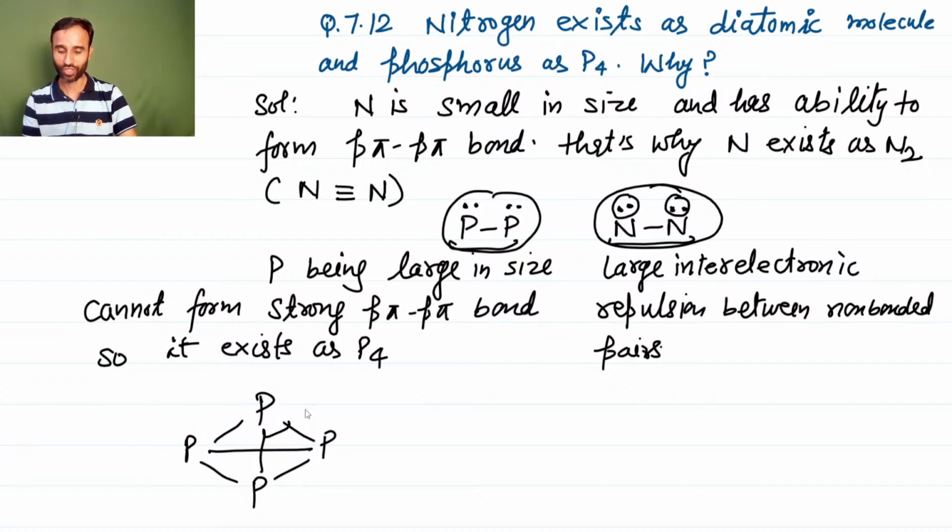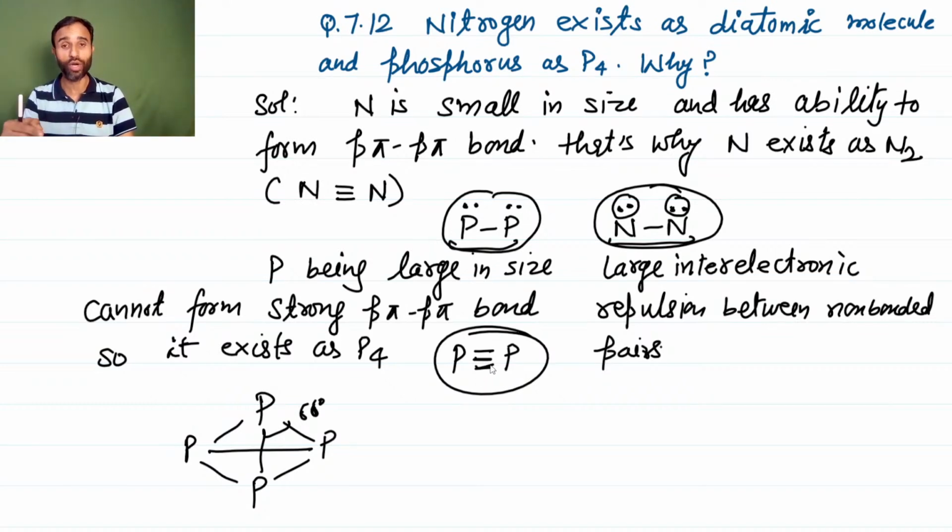Though this angle is 60 degree, there is large angle strain, P4 is unstable, but because nitrogen can form strong p-pi bond, that's why in between two nitrogen there is a triple bond. One sigma bond and other two pi bonds. But phosphorus cannot form structure like this because of its large size, and it has very weak pi bond, but it has stronger sigma bond than nitrogen that we have discussed.